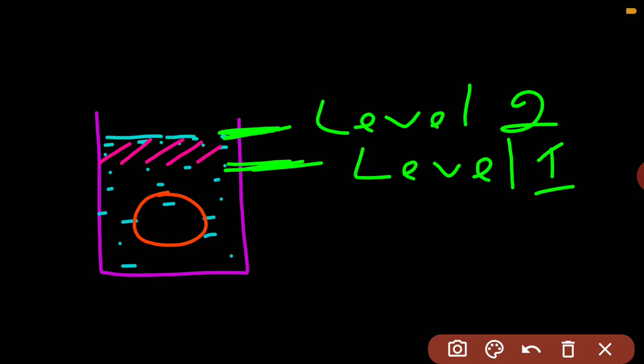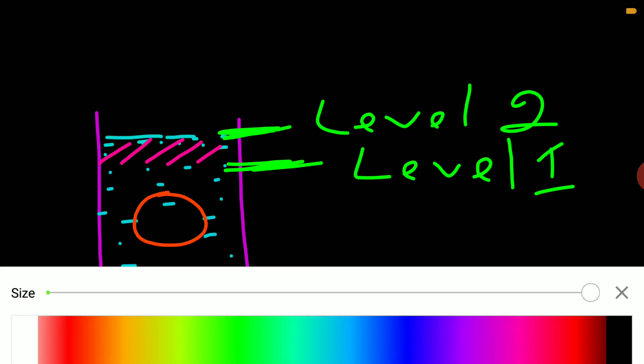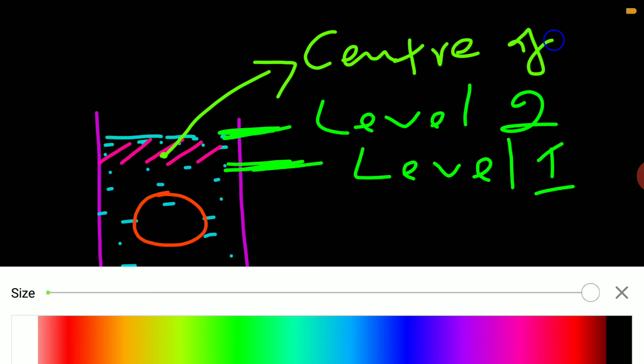Now as you all know, this displaced liquid should have some weight, right? If it has some weight, it should have a center of gravity also. This center of gravity of the displaced liquid is known as center of buoyancy.